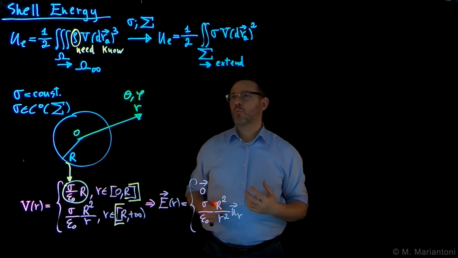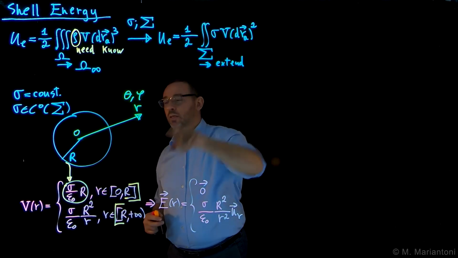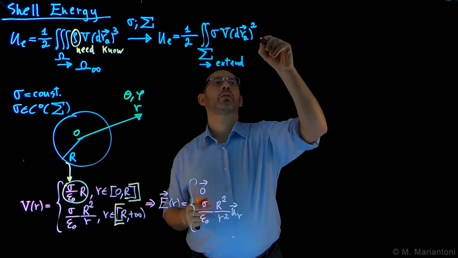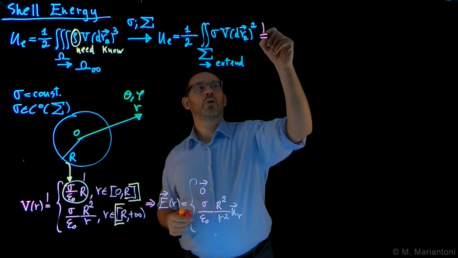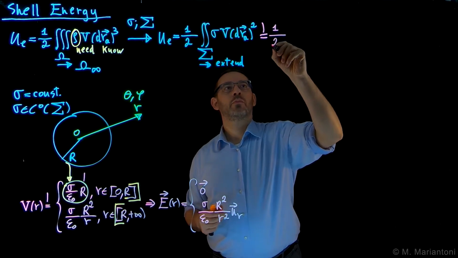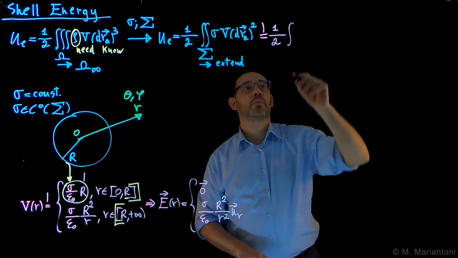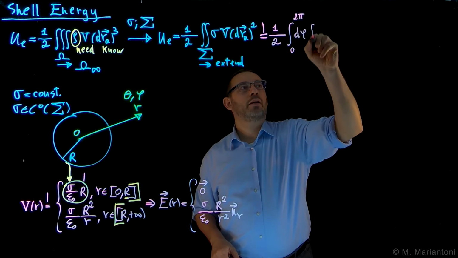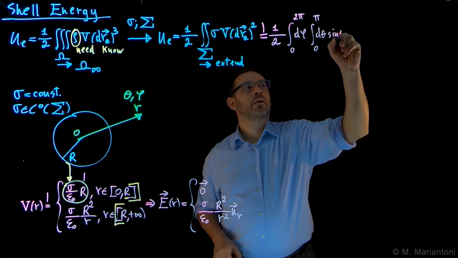Now we want to use this expression to find the energy, for which we need sigma, which is constant, and V, which we know. So let's spell it out here. By using this expression, we obtain 1/2 times the surface integral on the surface capital Sigma, which means from 0 to 2 pi d phi, integral between 0 and pi in d theta of sine theta.